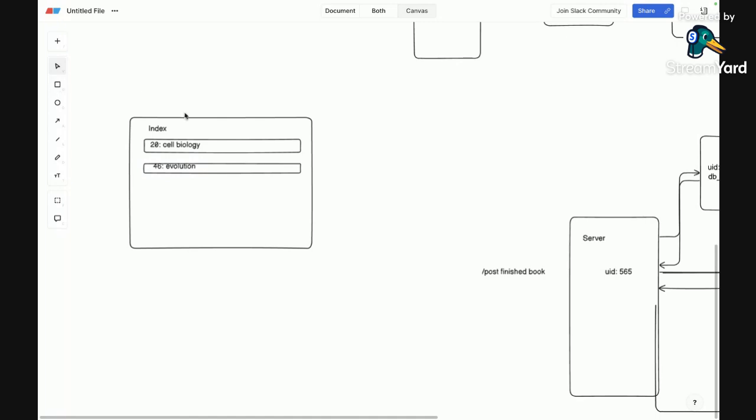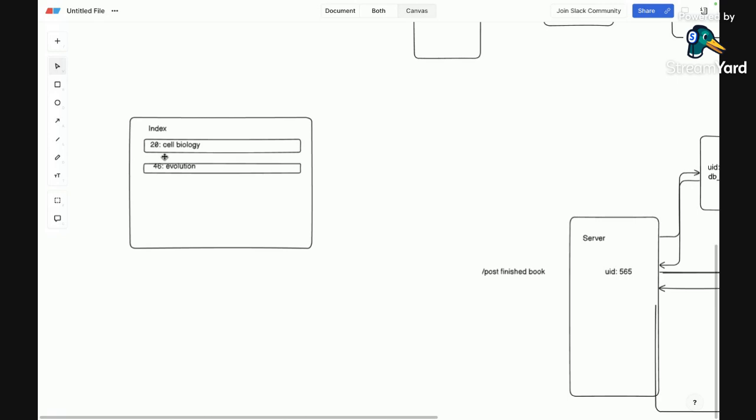Now if someone asks, okay, find the page with evolution, I want to read the notes on evolution. If you don't have an index, then from the first page you have to turn the page: is there evolution? No, turn the page. You have to go through the whole thing until you reach 46, and only then will you understand.